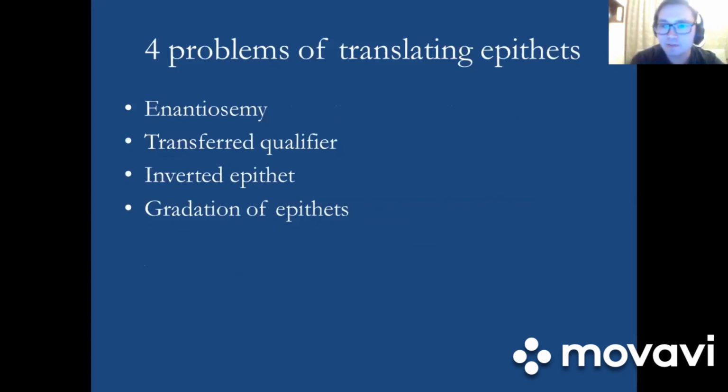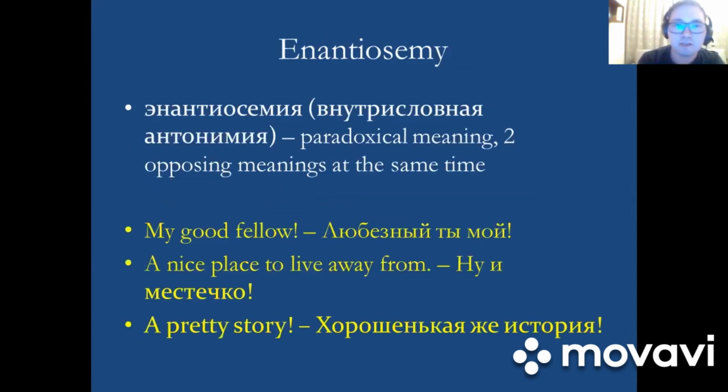While translating epithets, we may encounter 4 problems. So what are they? The first problem is enantiosemy, then transferred qualifiers, inverted epithets, and gradation of epithets. Let's look at all of them. Enantiosemy represents the following.